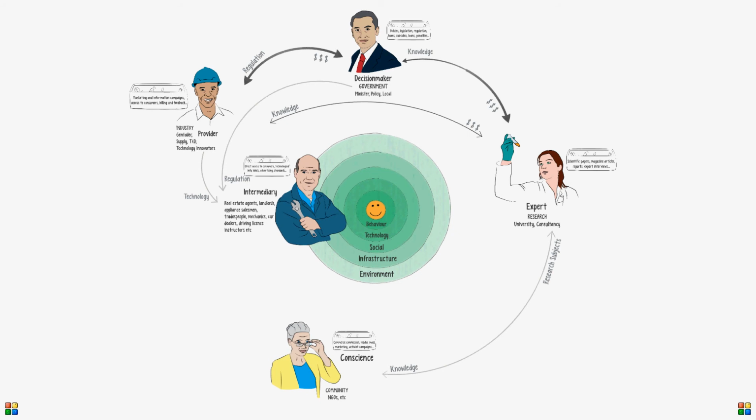There is a one-way relationship from the conscience to the decision makers, and that's very much based around lobbying. And there is also one-way relationships that are very much based around accountability to both the providers and the intermediaries. As I said, the conscience is there to hold the system accountable.